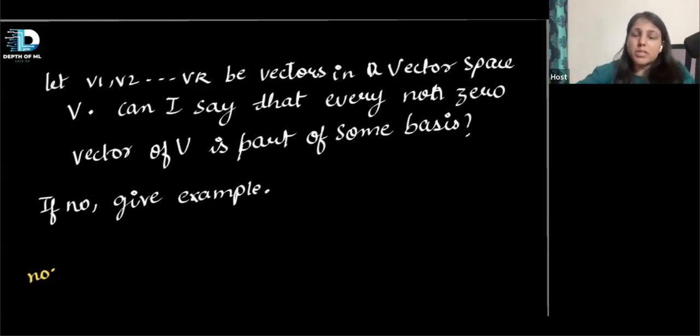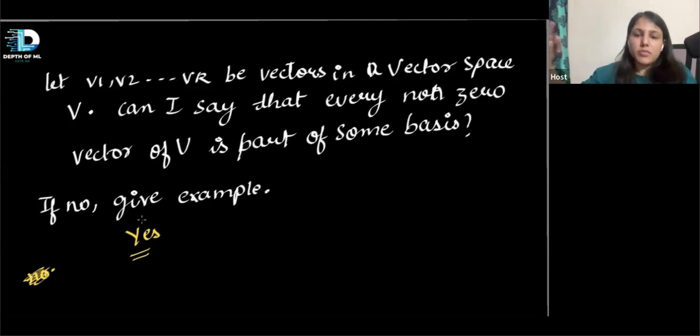I'm not saying that it's part of this particular basis. Some basis. Right? Others, please answer. So this is not true. This is true. So we have multiple bases, right?